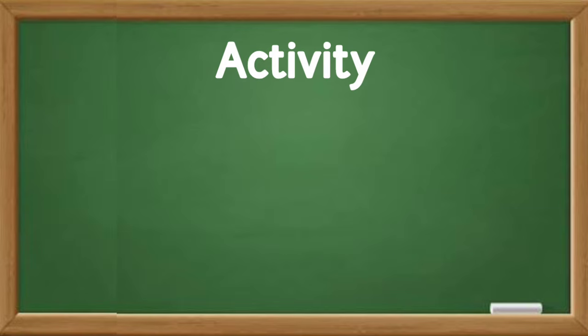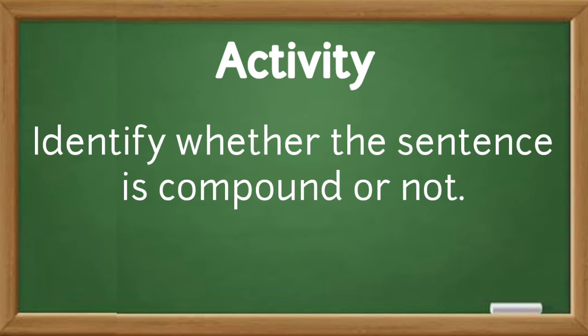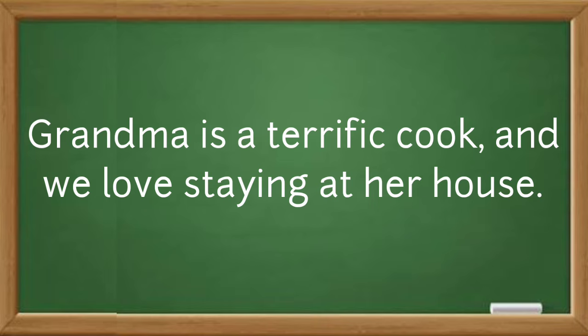Okay, let us now have an activity. You just have to identify whether the sentence is a compound sentence or not. Clear? Okay, number 1. Grandma is a terrific cook and we love staying at her house.